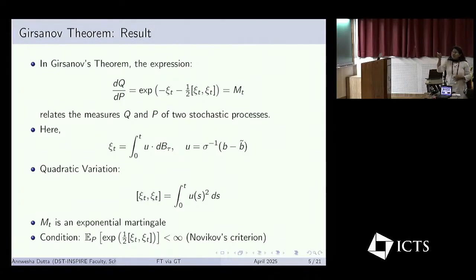So, u is basically sigma inverse times the drift change. We also have to take care that the Novikov criterion is satisfied, which says that the quadratic variation is finite.